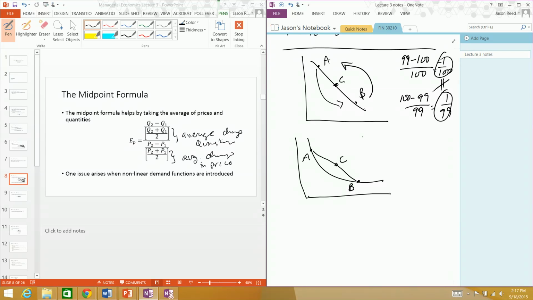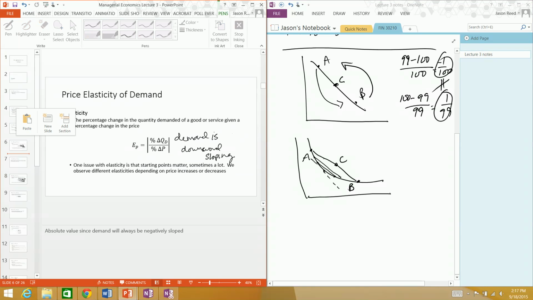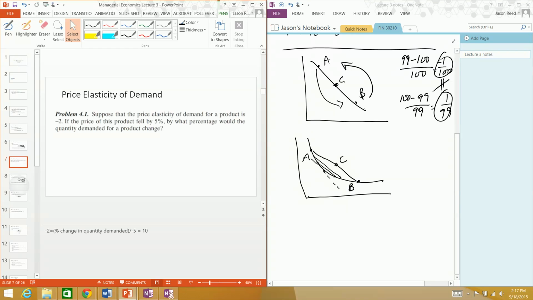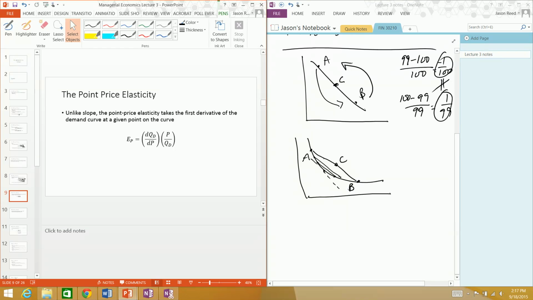In order to achieve something a little bit better, we're going to have to continuously make these lines closer and closer together so that we are basically looking at a tangential point. And this tangential point, we know for a nonlinear curve, is going to be slope. And that's what we're going to work with next here, the point price elasticity of demand.